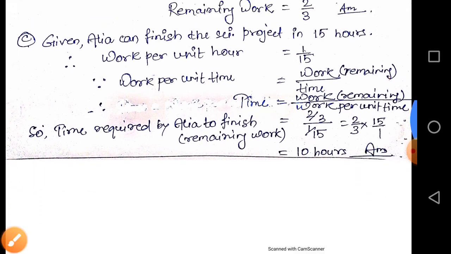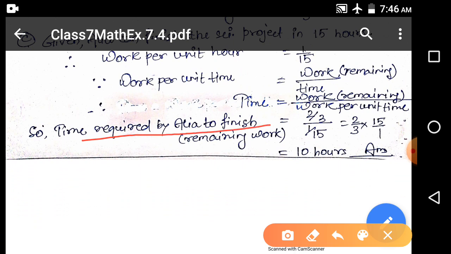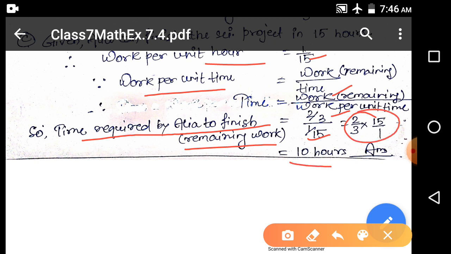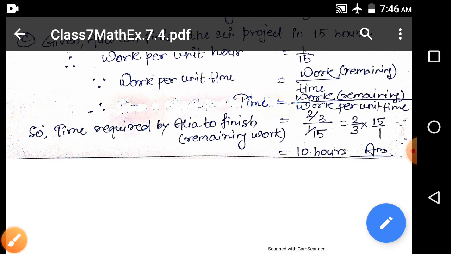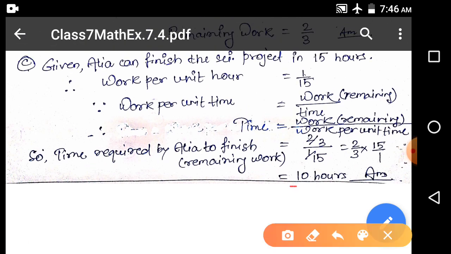The remaining work is 2 by 3, and the part of work that Alia did in 1 hour is 1 by 15, as given. So 2 by 3 is divided by 1 by 15, and we find that 10 hours is the time required by Alia to complete the remaining work. This is our answer for the third bit.